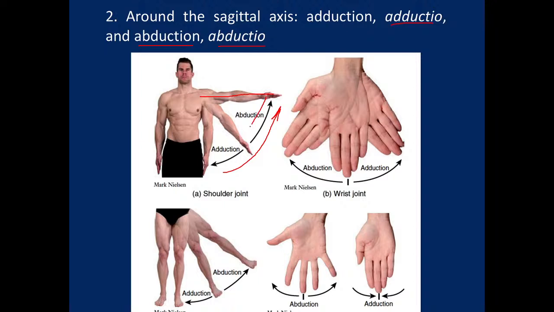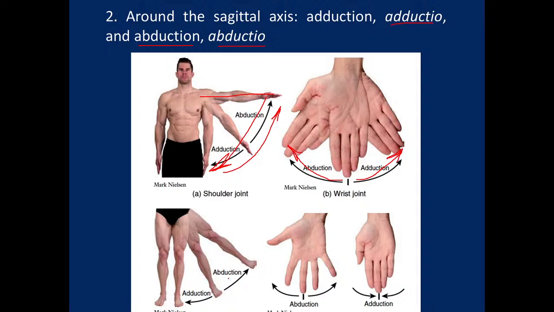When we move it back to the trunk, it is called adduction. This is abduction and adduction in the radiocarpal joints.